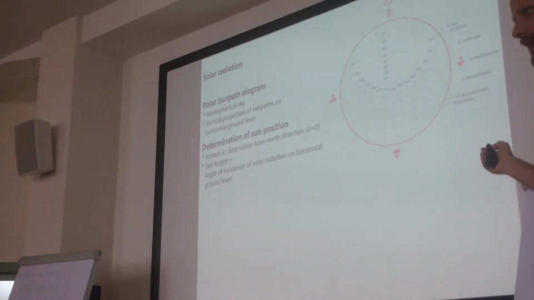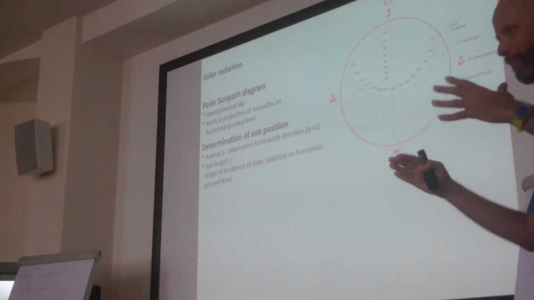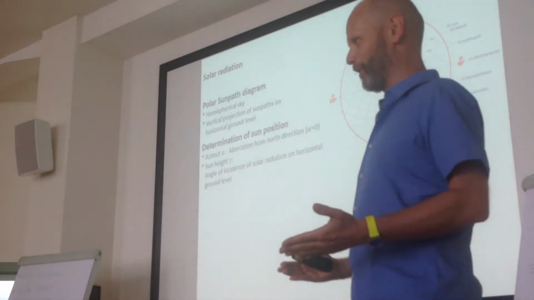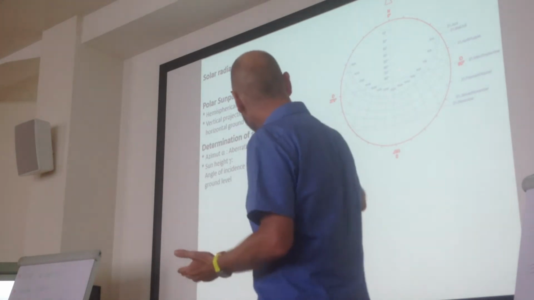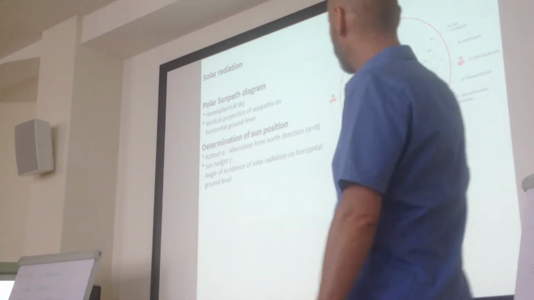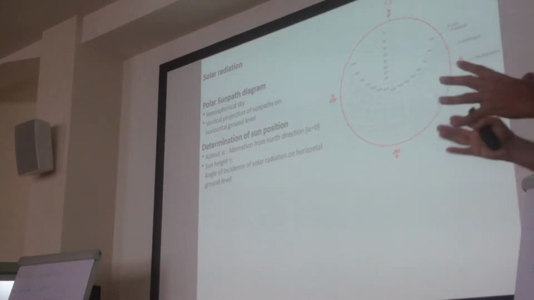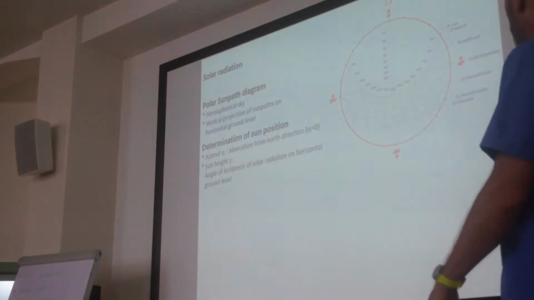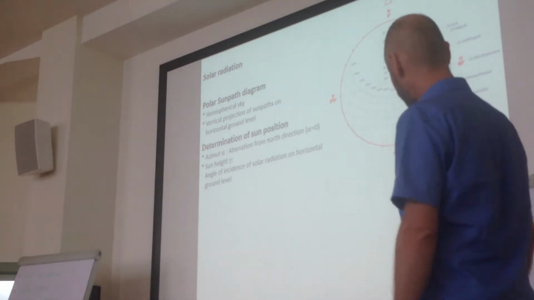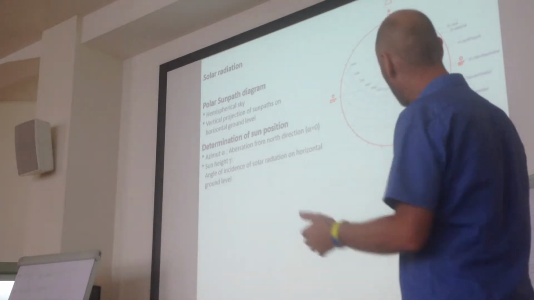Is everybody familiar with the interpretation of sun path diagrams? Okay, I have prepared some slides to explain how it works. This is a sun path diagram of latitude 48. Vienna is approximately on latitude 48. And now let's see how it works.